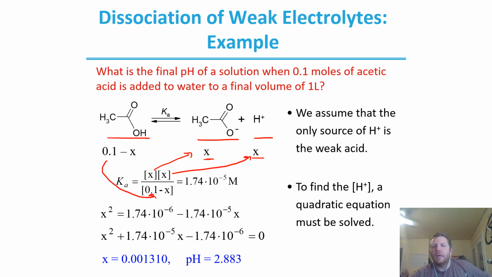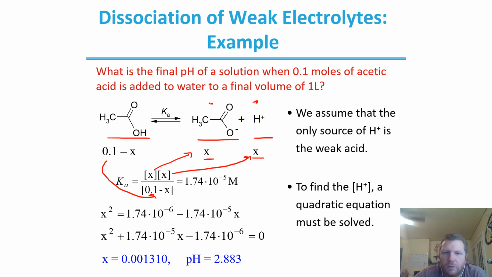We know that acetic acid is going to dissociate into the deprotonated form and a proton. So we've got this set up as X times X divided by 0.1 minus X equals 1.74 times 10 to the negative 5th molar, because 1.74 times 10 to the negative 5th is our K sub A.